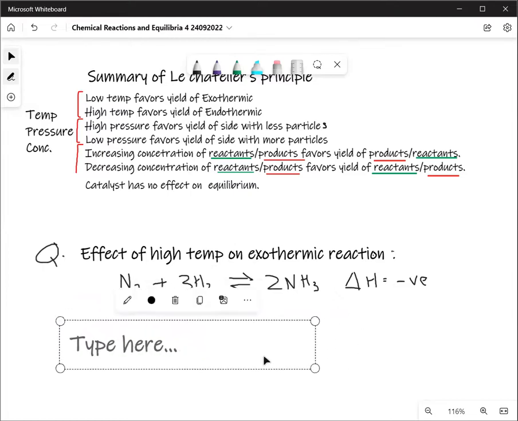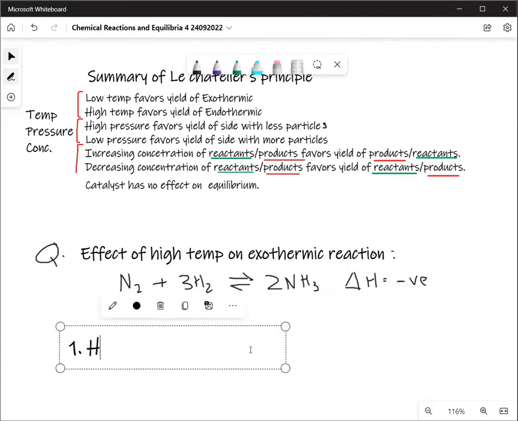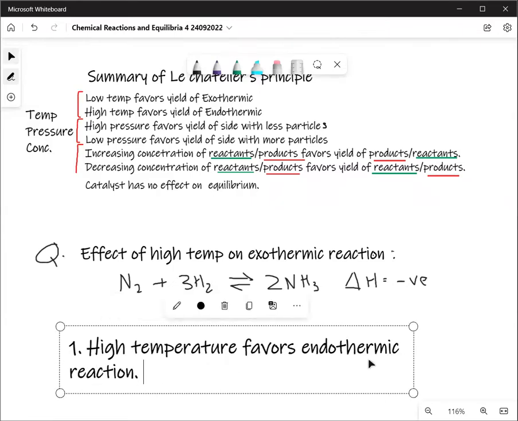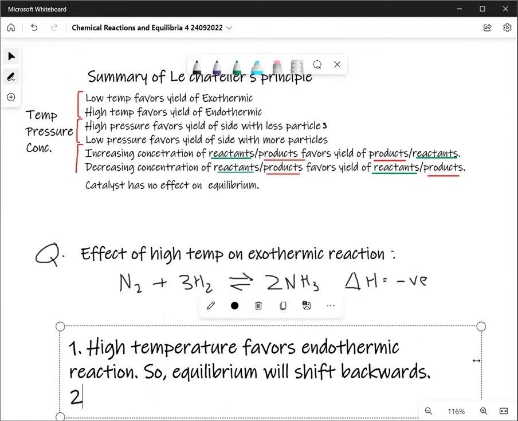So the answer will be: high temperature favors endothermic reaction, so equilibrium will shift backwards. Second point, yield will decrease.